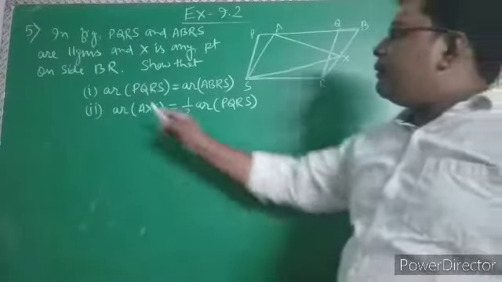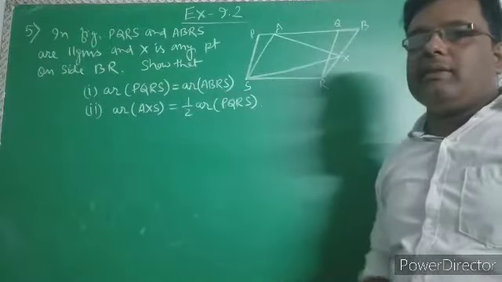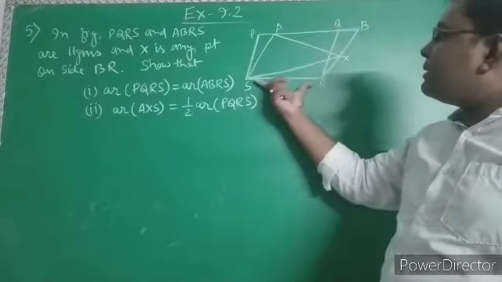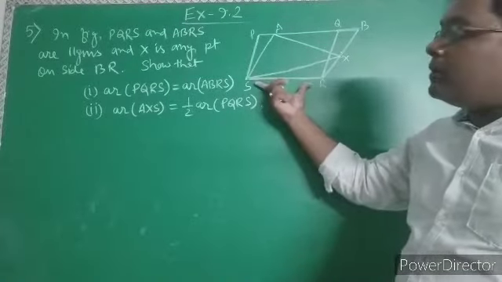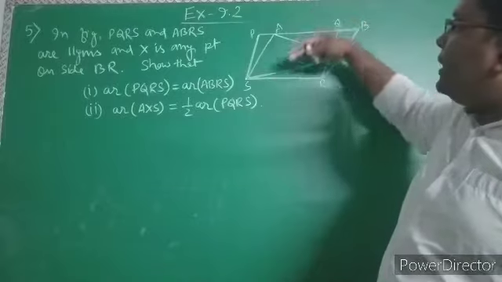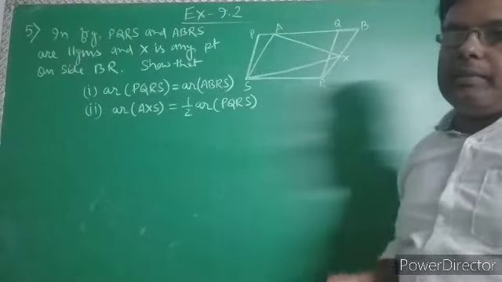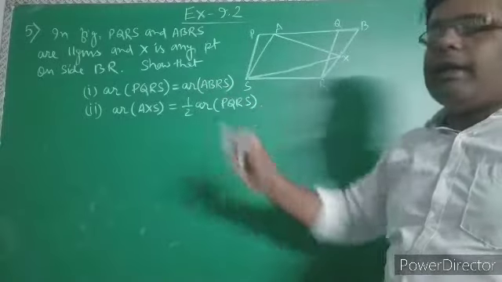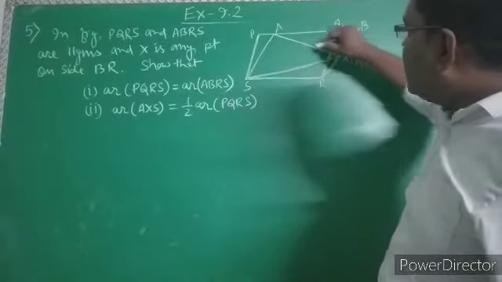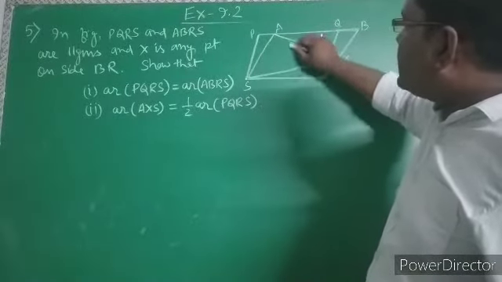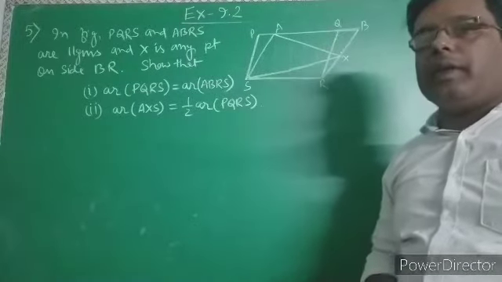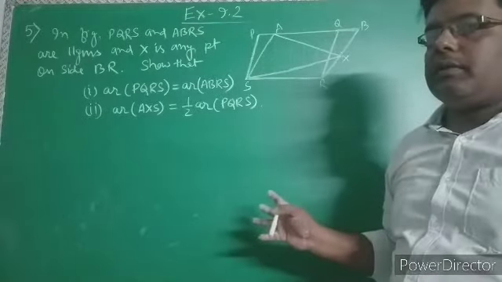Now we have to show that PQRS and ABRS, that is the area of both parallelograms, are the same. Obviously both parallelograms lie on the same base SR and within the same parallel lines SR and PB, that means their areas are equal. And next we have to show that area of AXS, that is this triangle, is half of area of PQRS. Now we'll prove it.